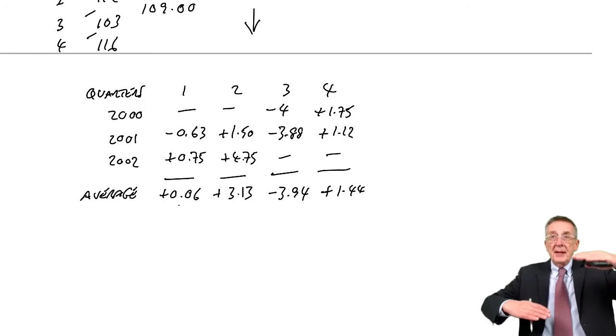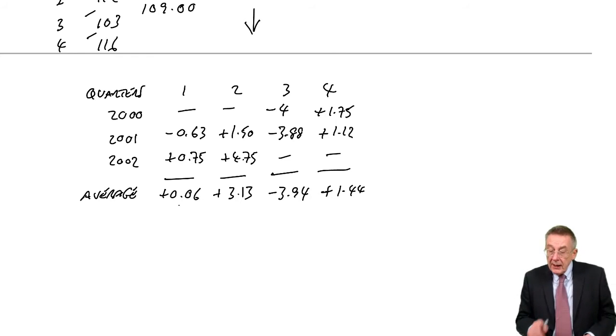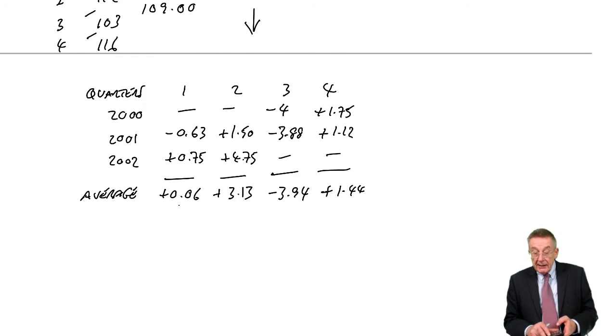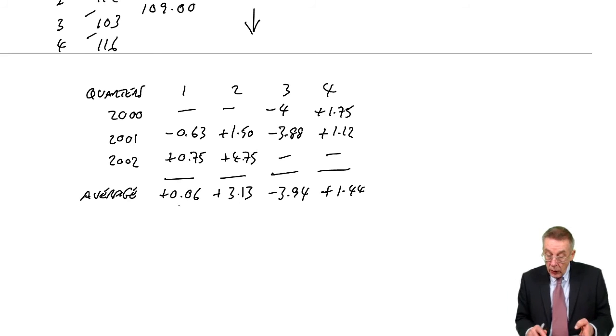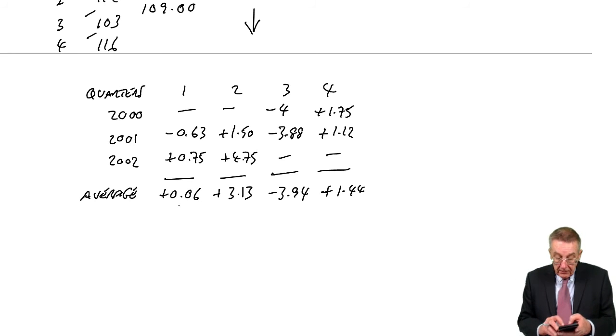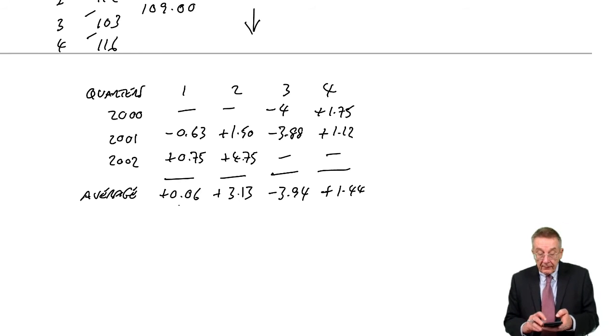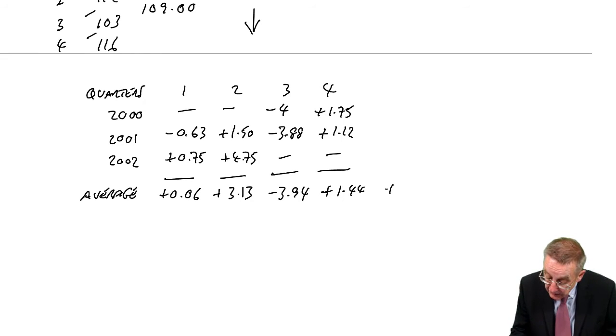But because there are differences from an average, they should in fact add up to 0. And what do they add up to? I've got plus 0.06 plus 3.13 minus 3.94 plus 1.44. They actually add up to plus 0.69.